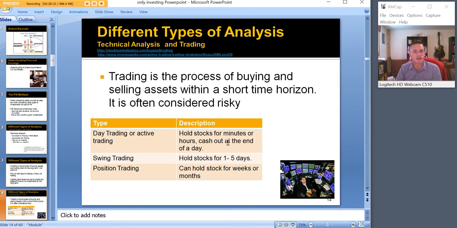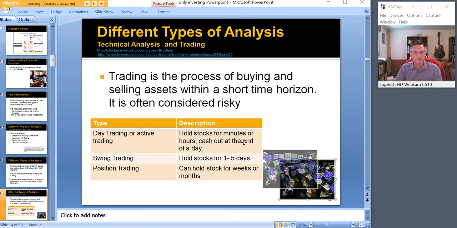For day or active trading, usually you're holding stocks for a minute or an hour, and then you cash out at the end of the day. Also, stock traders in New York, for example, are called traders, not investors. Swing trading is holding stocks for about 1 to 5 days. And position trading is holding stocks for weeks or months. Again, we're not going to talk about any of that in here.